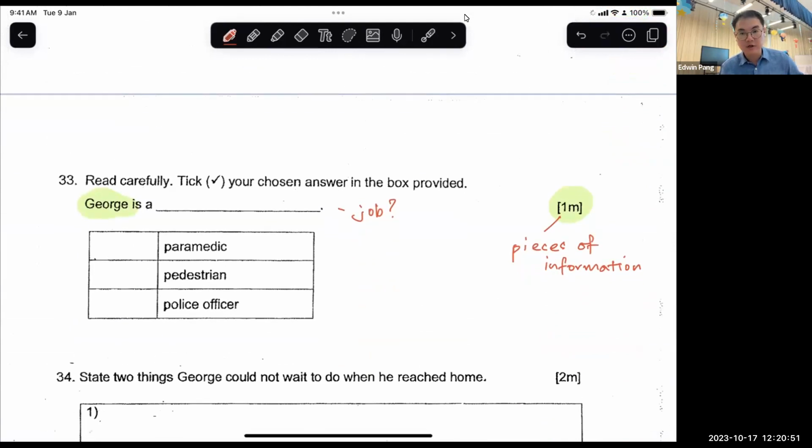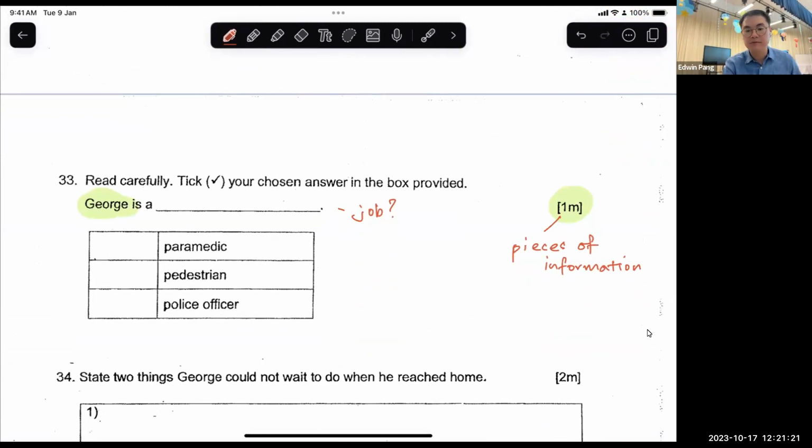So which one is the correct answer? Let me just call on somebody, okay? Hidayah, what was your answer to question 33, please? Unmute yourself and give me the answer to question 33, please. I cannot hear you.